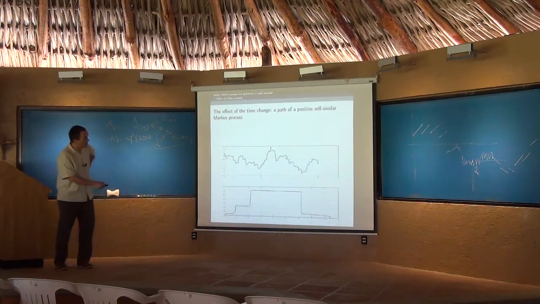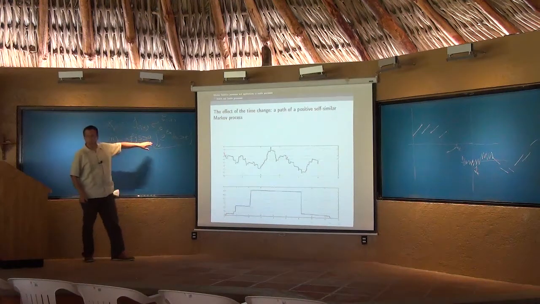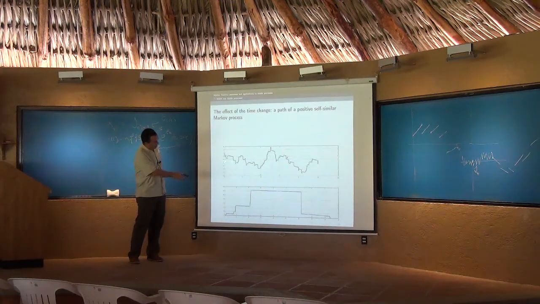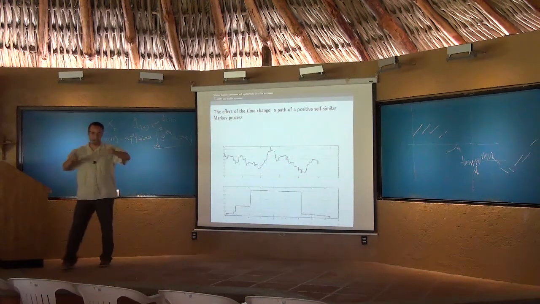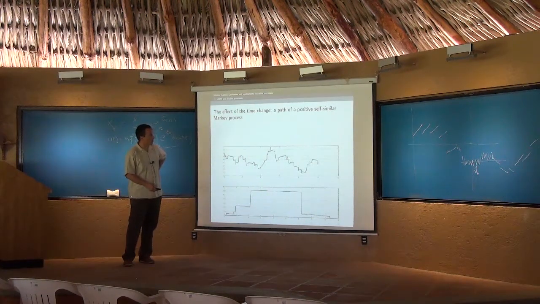This part is coming from this bit that we have here, because what this time change is doing is that we are running the original path faster when we are close to 0, and we are running it slower when we are far from 0. So this thing that we have here corresponds to this part here. So it changes the length of the path.